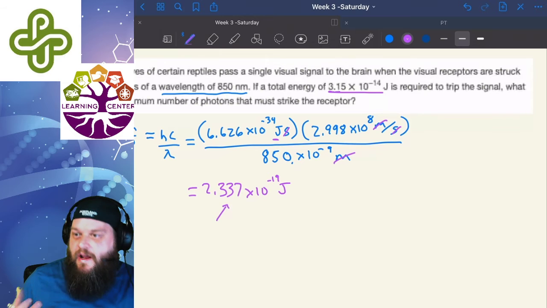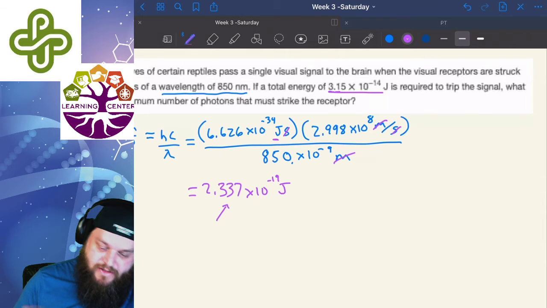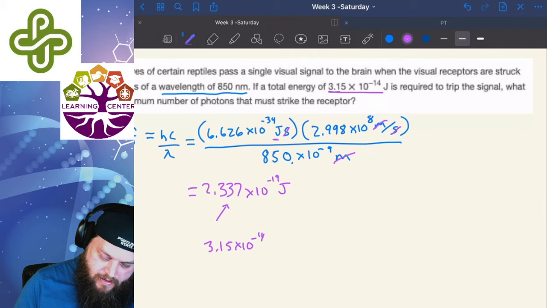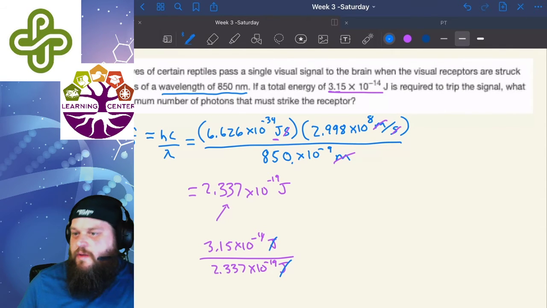So now to find out how many photons we need to trigger that receptor, we can just divide that 3.15 times 10 to the negative 14 joules by our 2.337 times 10 to the negative 19 joules. Unit-wise, that should cancel out, so we should have a unitless number.